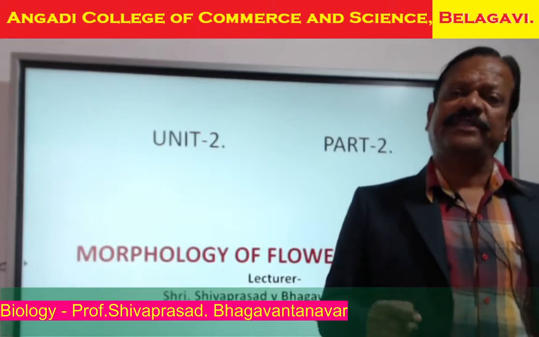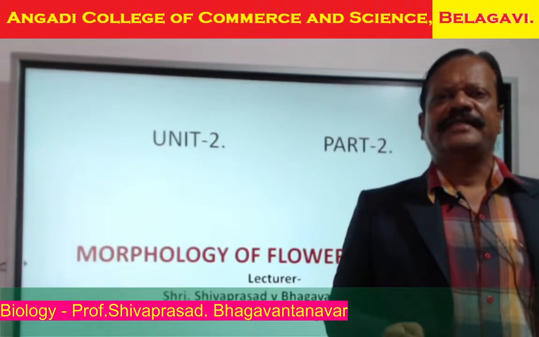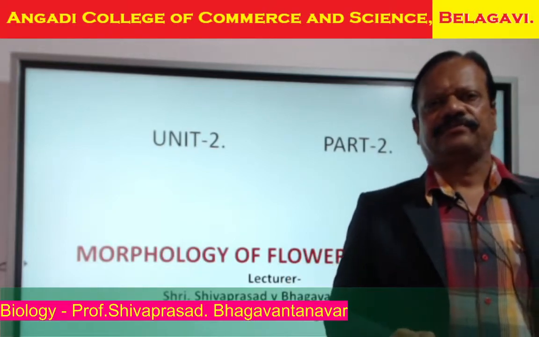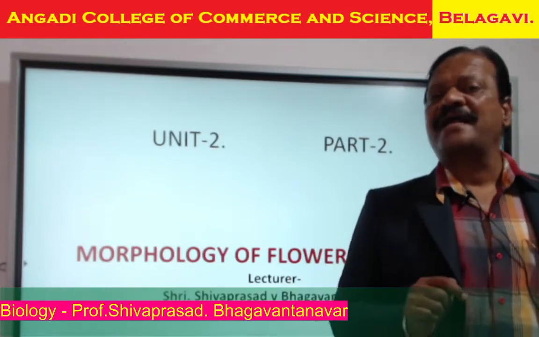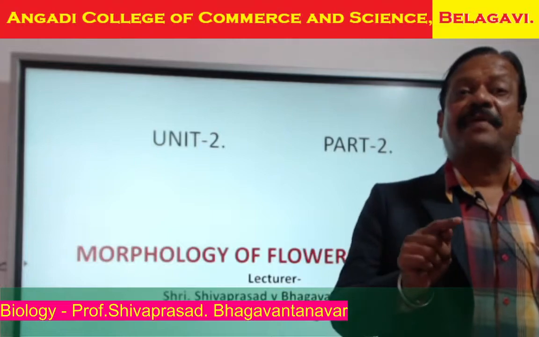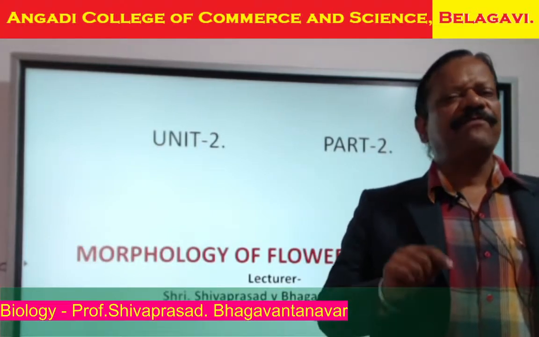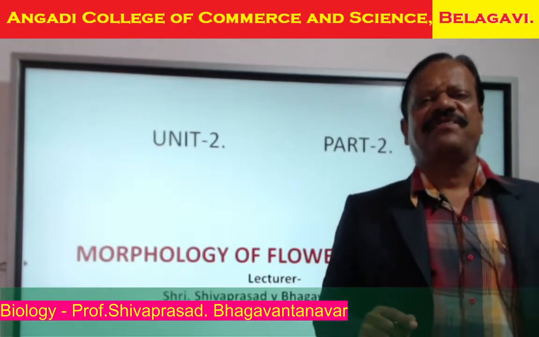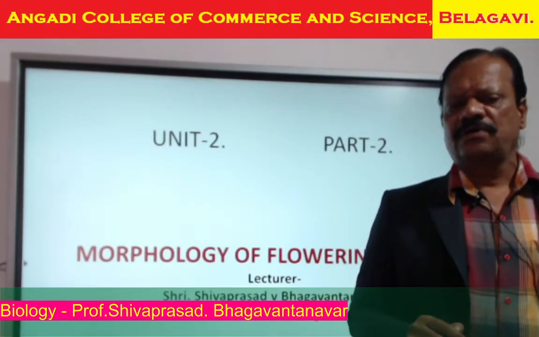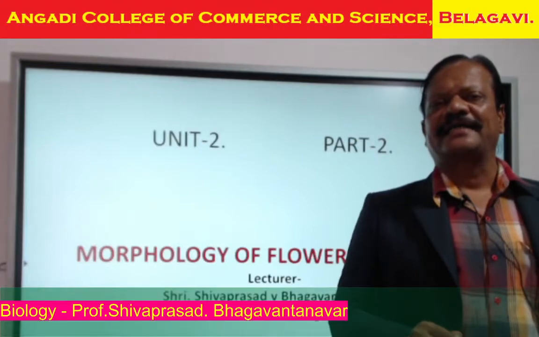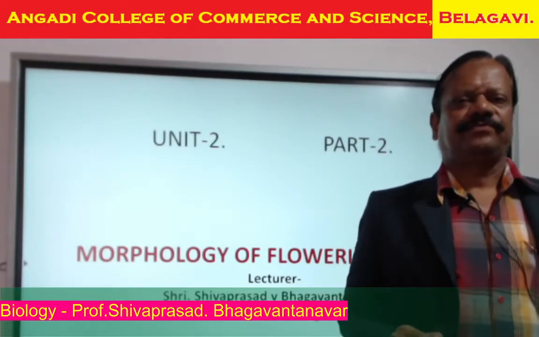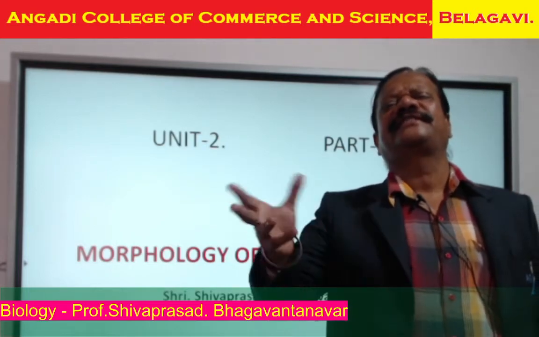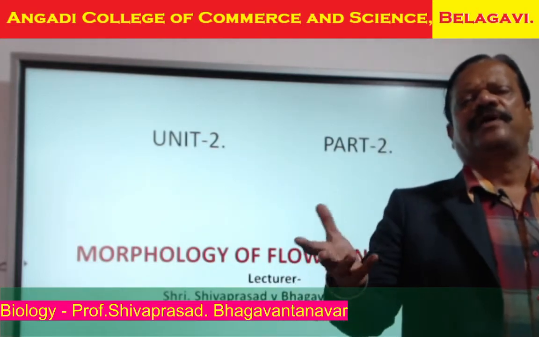If it is producing male flower, then the flower is called staminate and whole plant is called staminate plant. If flower is female, then you are calling flower as pistillate, or the plant is called as pistillate plant. So in this way, these are also called as unisexual plants or unisexual flowers.